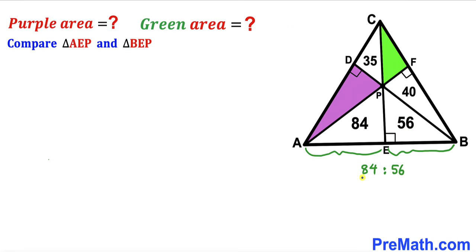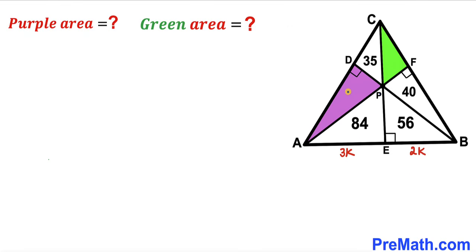And if I divide both of these numbers by 28, then we are going to get this 3 to 2 ratio. So therefore the ratio of these sides is going to be, if this side is 3 times some constant k, then this side is going to be 2 times some constant k as well.